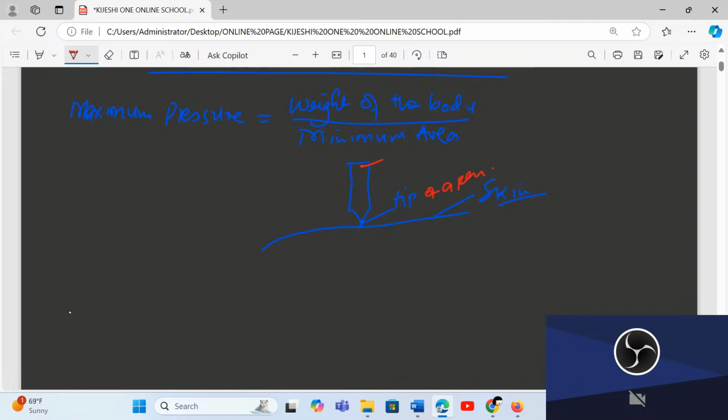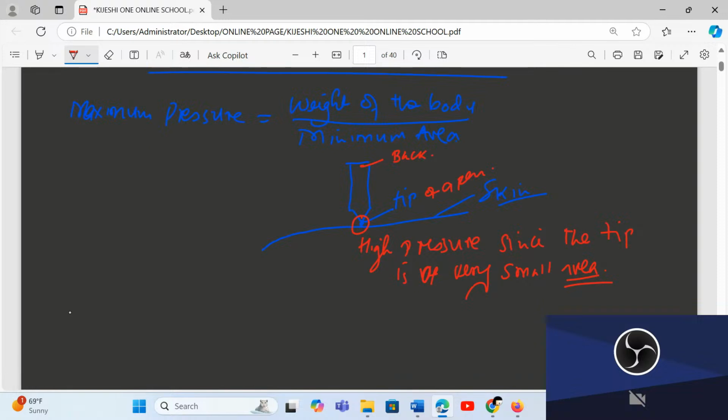This is the back. Then in this case, you're going to experience high pressure since the tip is of very small area.